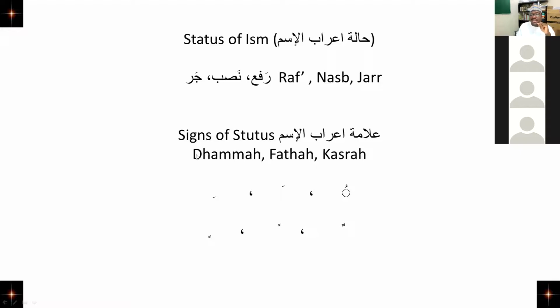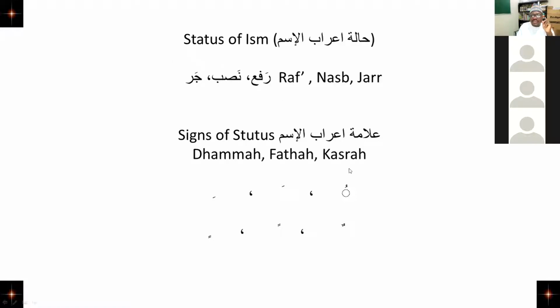I know where this thing is coming from, and we are all victims of it. We used to think Dhamma is equivalent to Rafa. Even when we learn the Nahu in Arabic, we learn Rafa, but we always make as if the Rafa is the Dhamma. But rather, Rafa, Nasb, Jar are status, positions, conditions, situations.